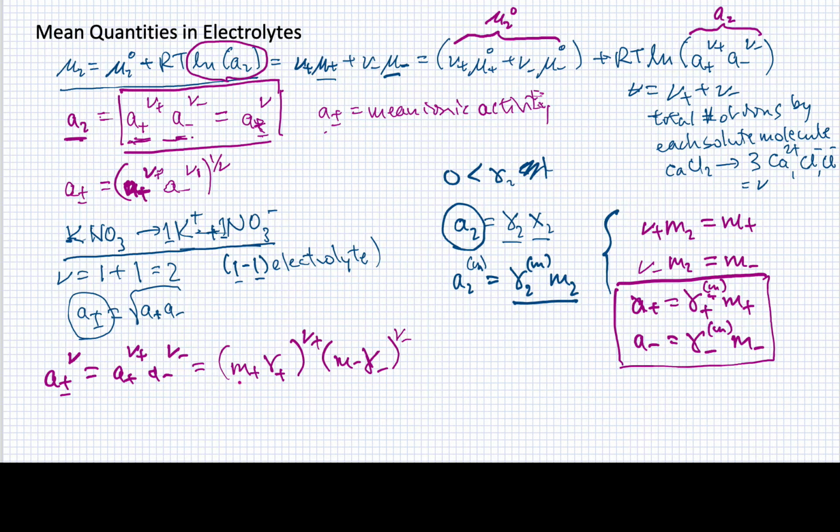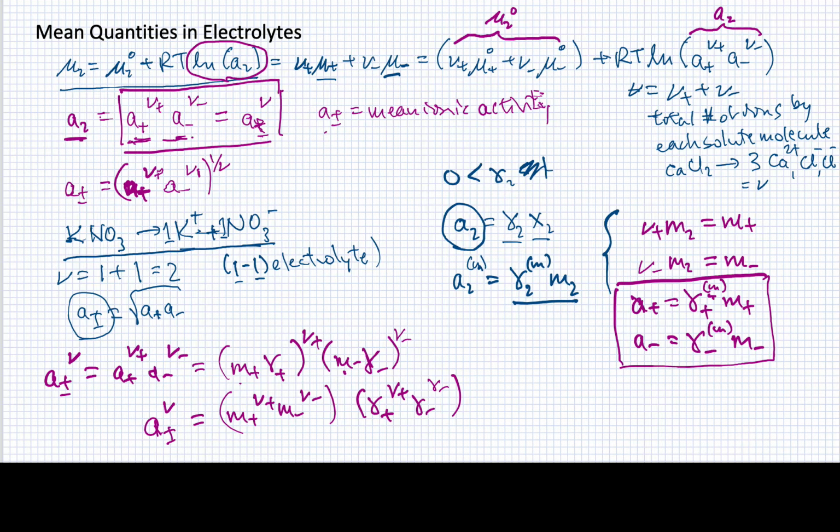Now if I gather the M's together and the activity coefficients together, I'll have M plus to the V plus, M minus to the V minus, and I'll have gamma plus to the V plus, gamma minus to the V minus. I'm sorry, this looks hideous the way I've written it here, but this is all equal to A plus or minus raised to the V.